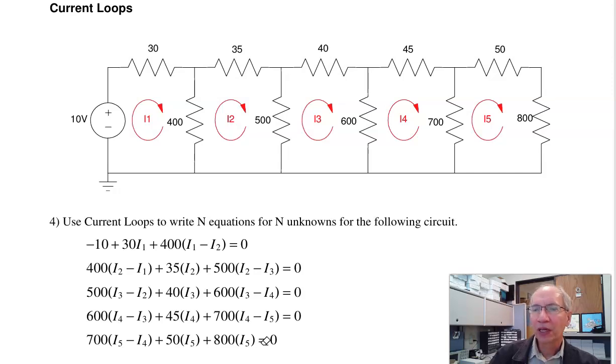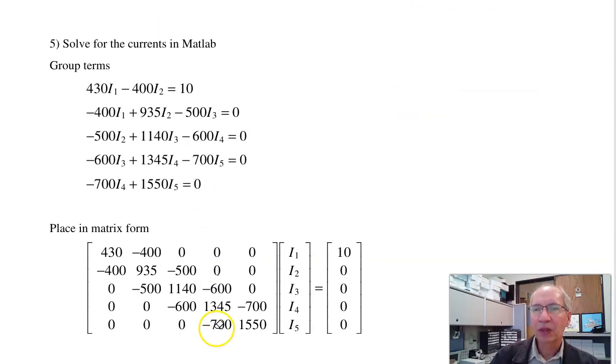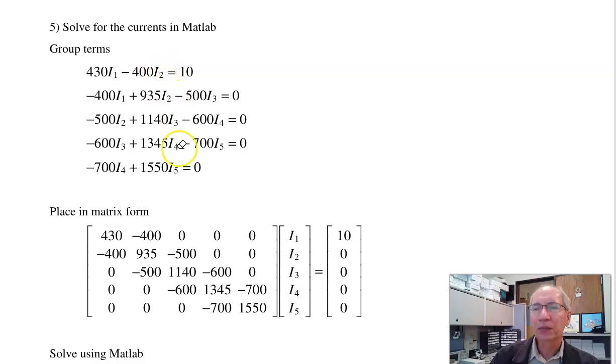To solve, I group the terms. So group all the I1s, I2s, I3s together, rewrite the equations. I wind up with this. Now put that in matrix form. Arbitrarily, I'll make the order I1 through I5. As a reminder, this first column is times I1, times I2, times I3, I4, and I5.